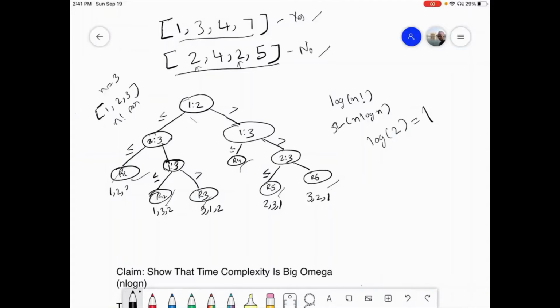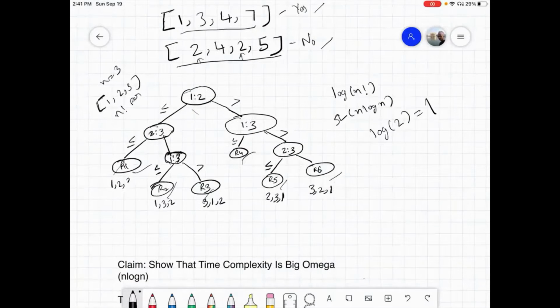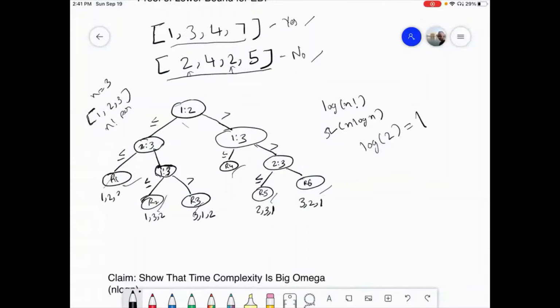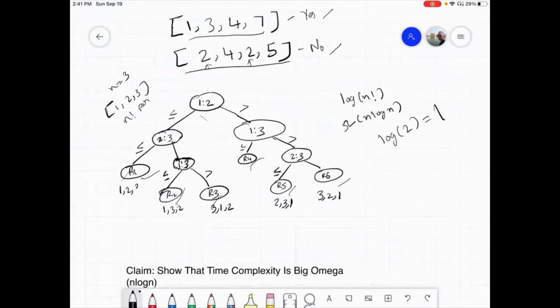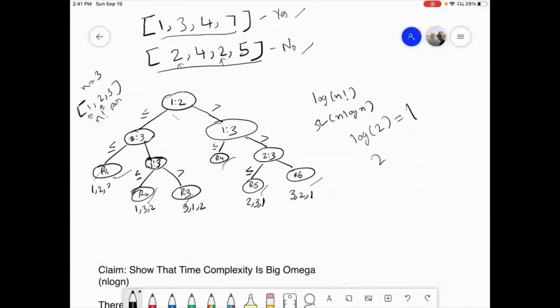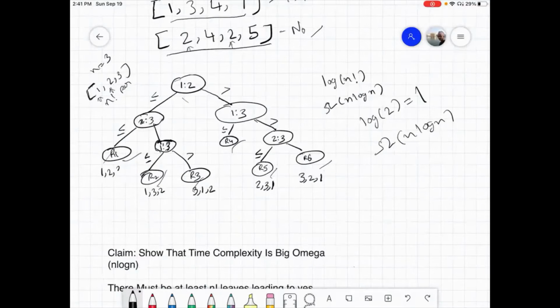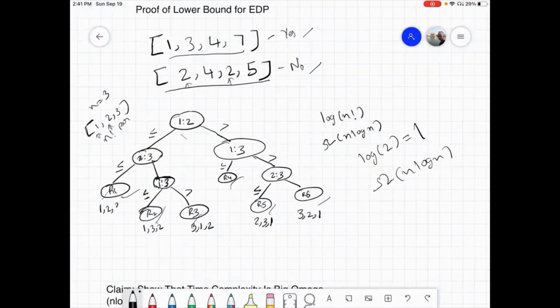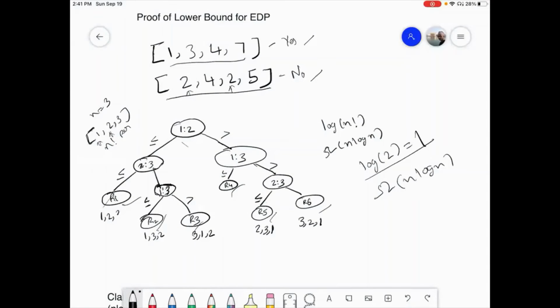This is not acceptable, or this is quite silly, because when you sort an array and go through the elements and check them side by side, we can get to know whether they are distinct or not, right? The sorting itself takes omega n log n time complexity. So the lower bound for the element distinctness problem cannot be log of 2 equal to 1.